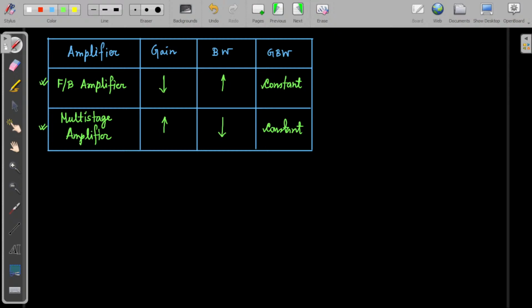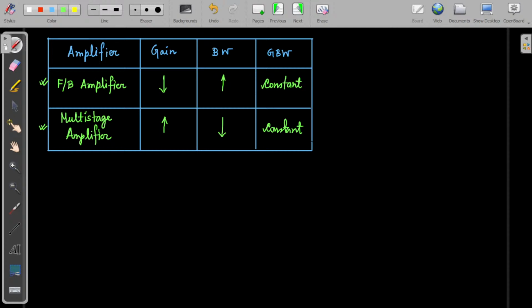Okay, so this is the total conclusion of the feedback amplifier: how the gain, the bandwidth, and the higher 3 dB and lower 3 dB frequencies change with the connection of negative feedback.